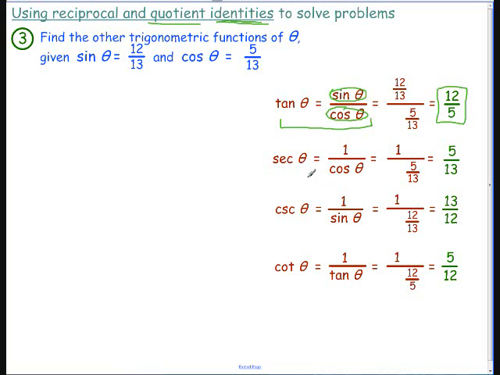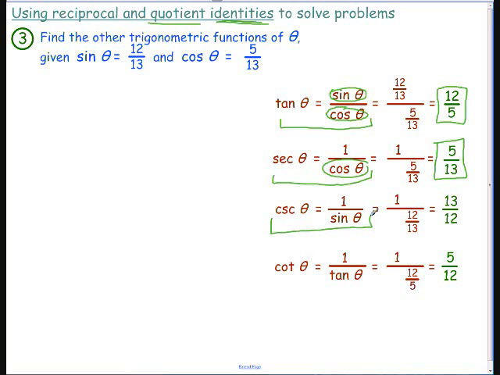For secant, we're going to use the reciprocal identity. We have a value for cosine, and it's simple enough to plug that in and simplify.